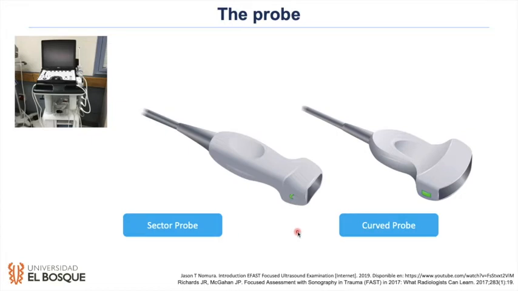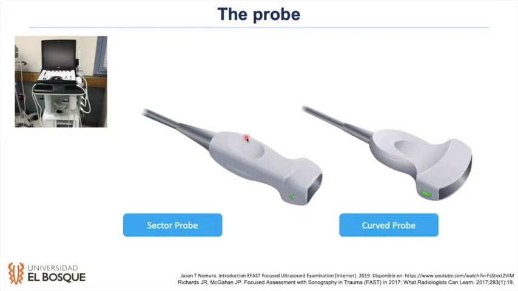So the preferred initial site of the detection of free fluid in FAST is the right upper quadrant view that we are going to see later, scanned with a lower frequency sector or a curved probe. So this sector probe is a multi-purpose probe.